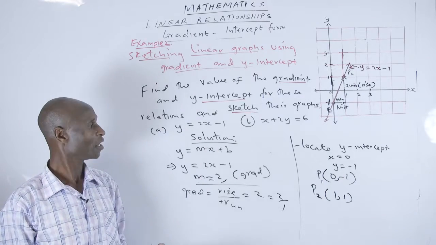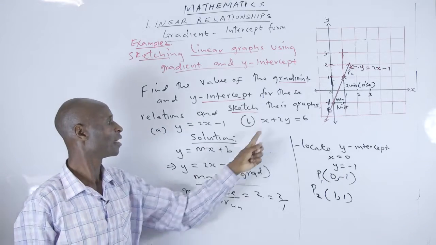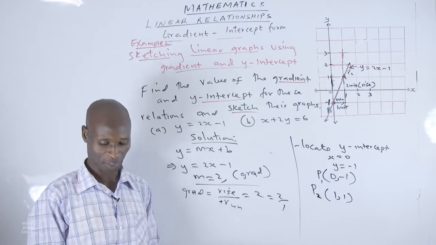Try part B of the question, which reads x plus 2y is equal to 6.